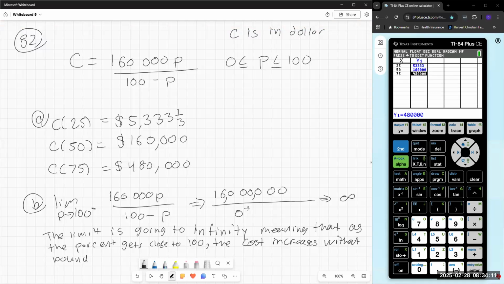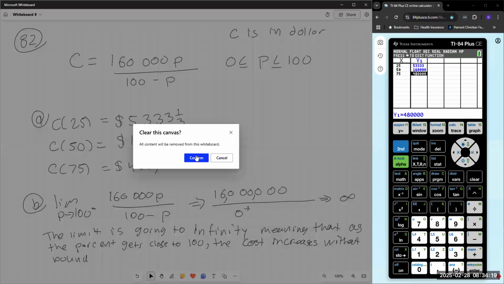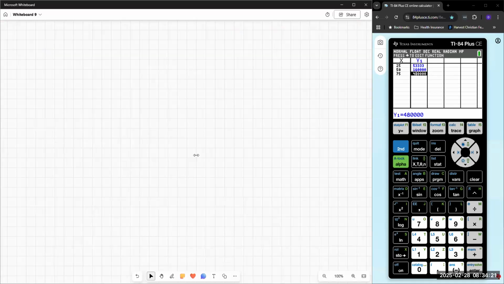Let's move on now and look at number 95. And number 95 starts off with a table here of t and n values.